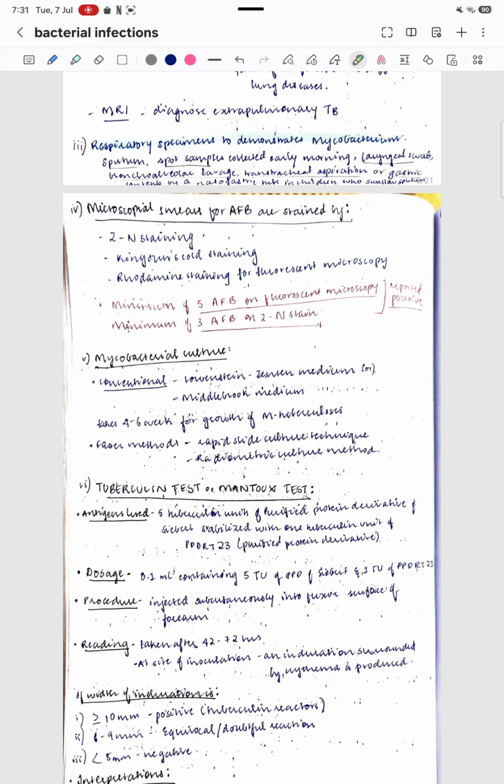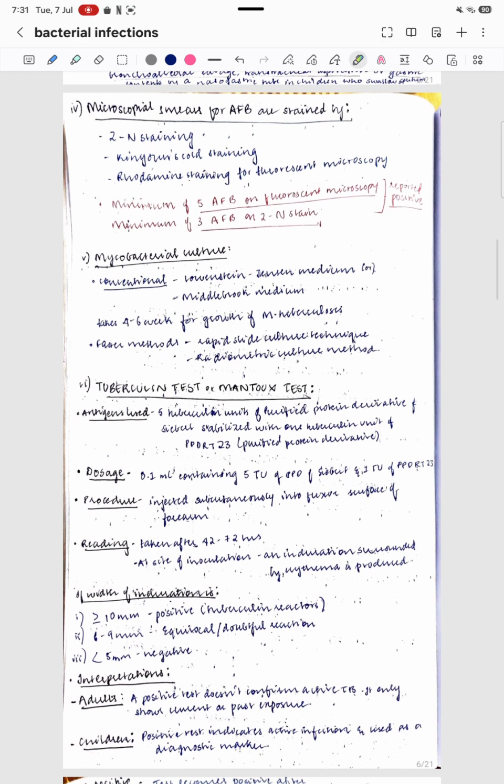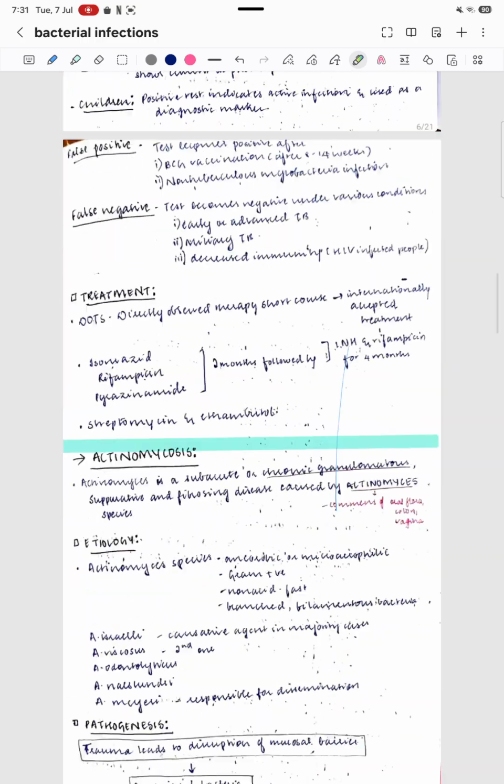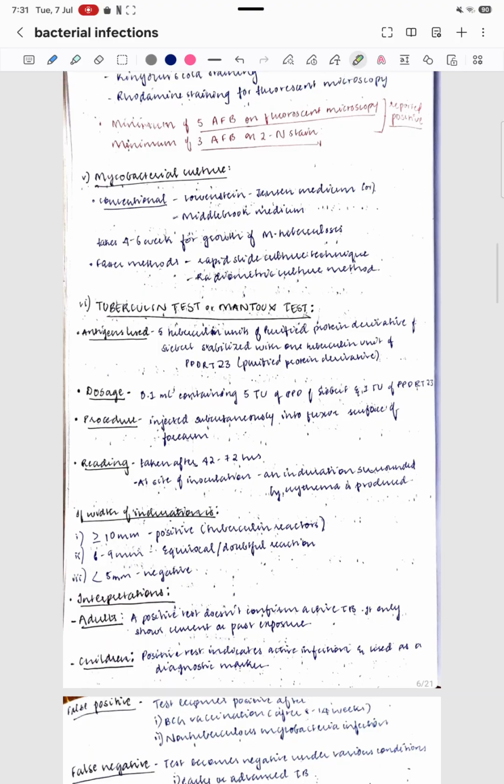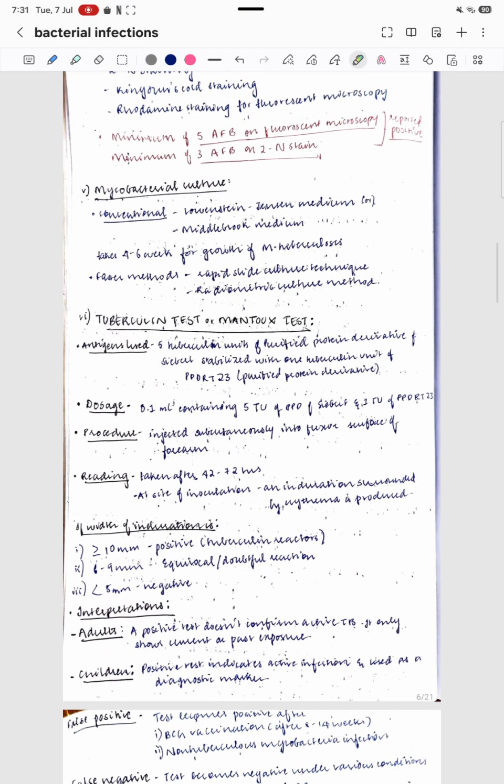Okay, now microbial culture. Once we collect the sample, we stain the bacteria, but before that we do culture. We culture it in LJ medium, that is Lowenstein-Jensen medium. It is used to conventionally culture the bacteria, and after culturing we take the slide of the bacteria. Then we have your tuberculin test, which is an antigen.